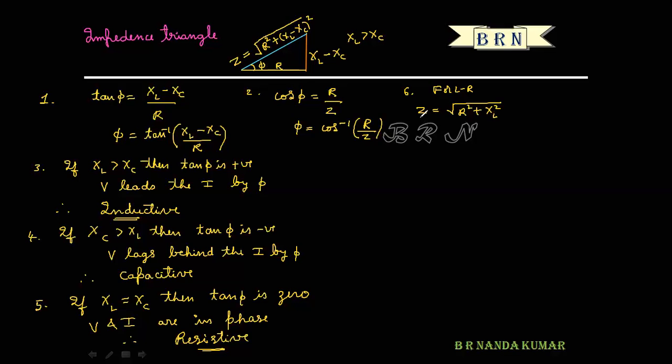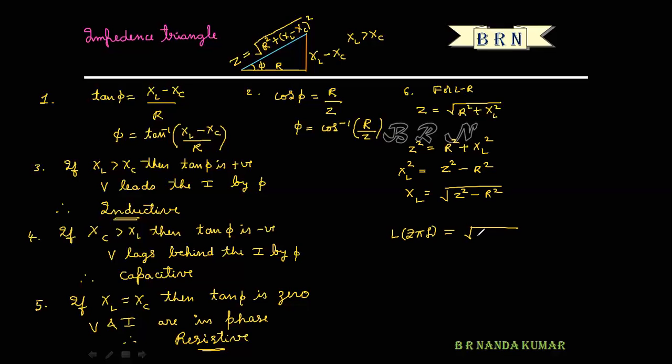That is the impedance triangle for the LR circuit, and this is the mathematical expression for impedance. Squaring on both sides, Z square is equal to R square plus XL square. So XL square is equal to Z square minus R square, and XL is equal to square root of Z square minus R square. XL is L omega, and omega is 2 pi f.